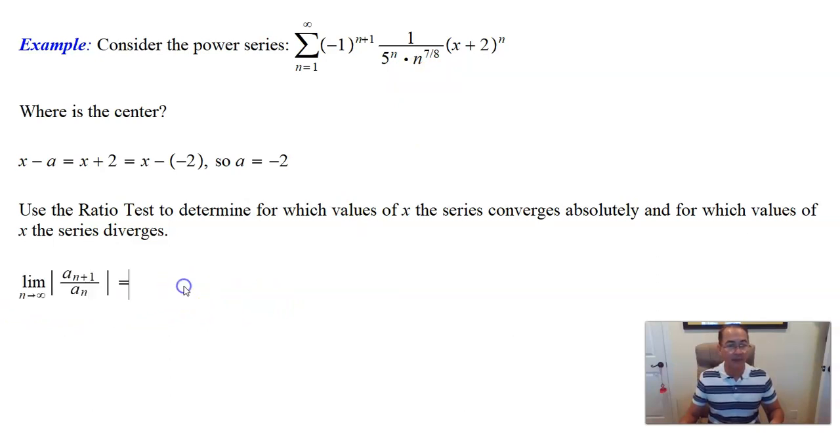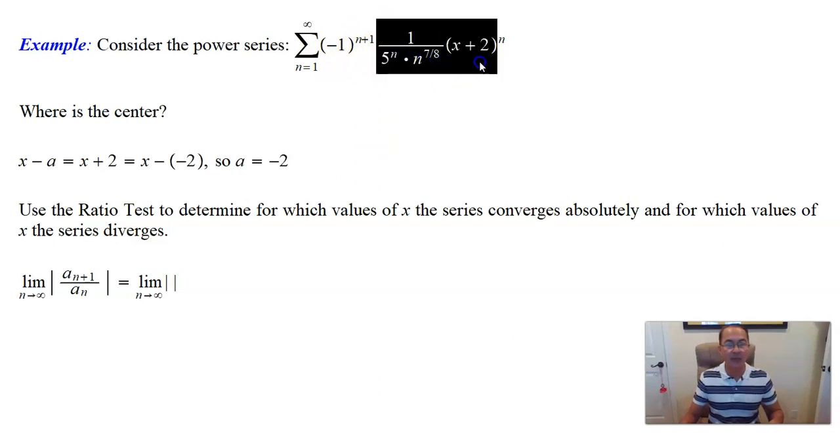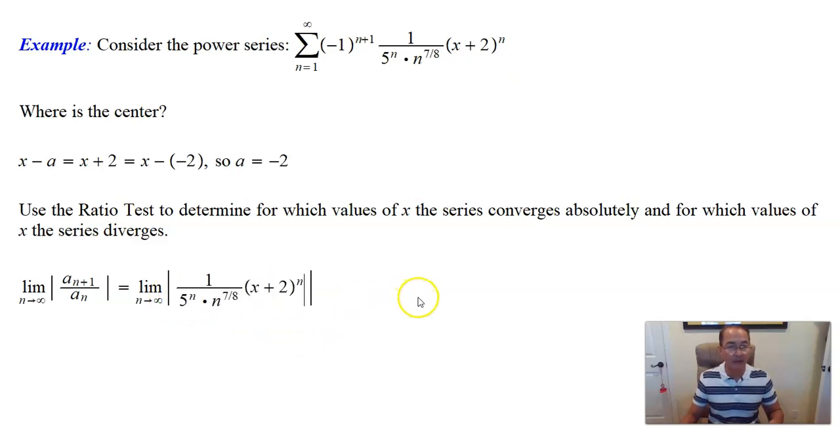So let's copy this whole thing. Do we really need the minus 1 to the n plus 1? No, because we're taking absolute values. So all we need is this, which belongs in the numerator.